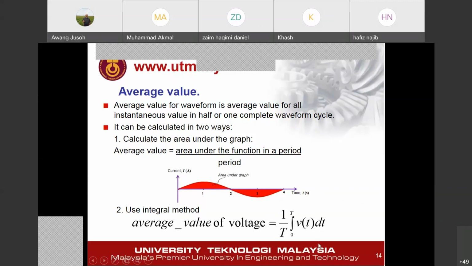Then you need to integrate the sin function, divided by the period of the waveform. That gives us the average value. Okay, this is a definition only, so don't worry much about this one. We don't ask you the definition. Normally we ask you to solve the problem.